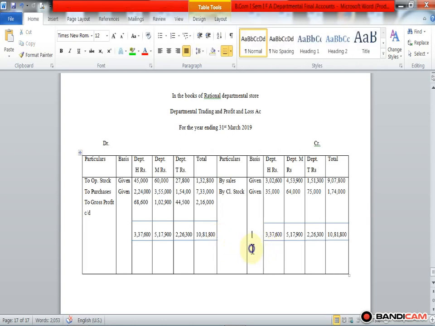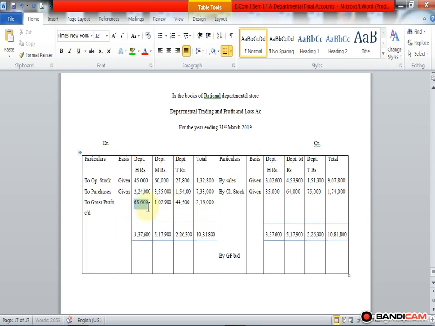So here we transfer the gross profit, by gross profit or GP, gross profit GP brought down, amounted to rupees, same amount.